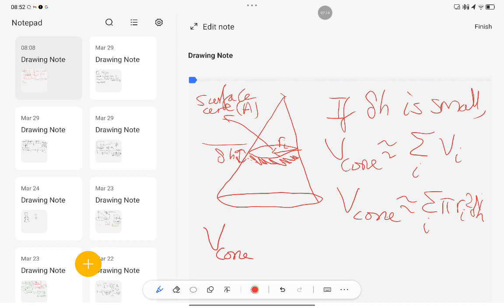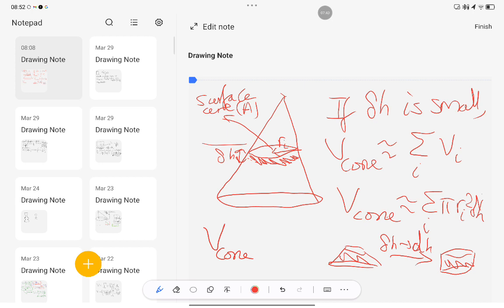To do that, we need to have an infinitesimal width, so that we don't have slanted sides in our segment. In the case where this becomes infinitesimal, so we would use dh today, or we could use 0 because they're infinitesimal, these segments become perfectly cylindrical.